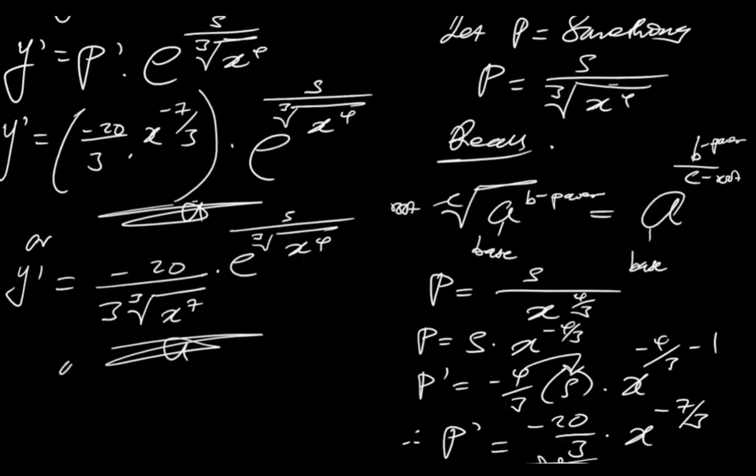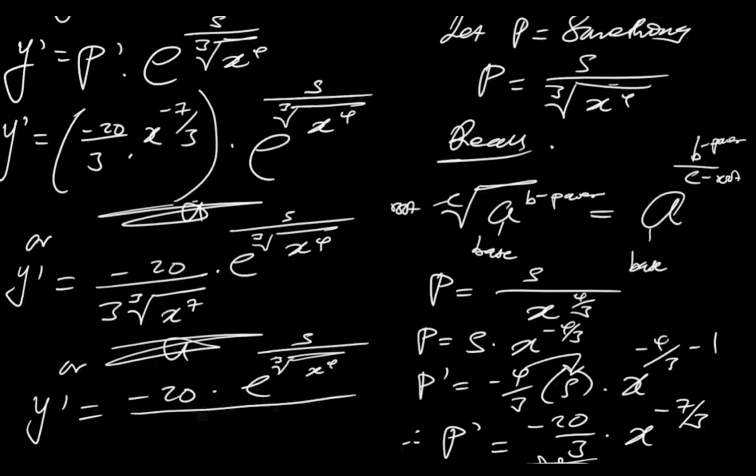Others would also want to write it in a different way, as y prime is equal to negative 20 times e to the 5 over root of 3 x to the 4th, over 3 root of 3 x to the 7th power, like that. And that will be your final answer.